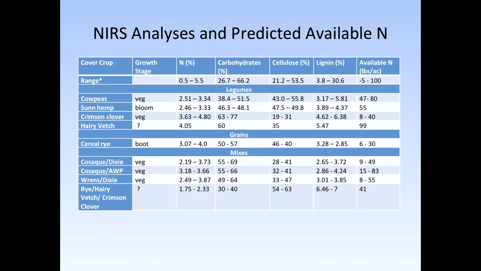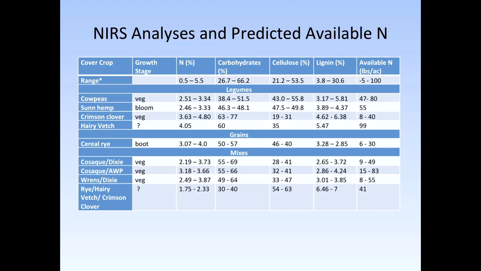All right, so I thought you might be interested in some of this NIRS data and looking at some things. I've given you some ranges up here, both for the summer legumes and for the cereal rye, and you can see you can get pretty high nitrogen concentrations when it's young, and in some of the mixtures.